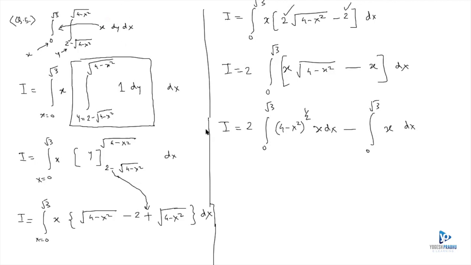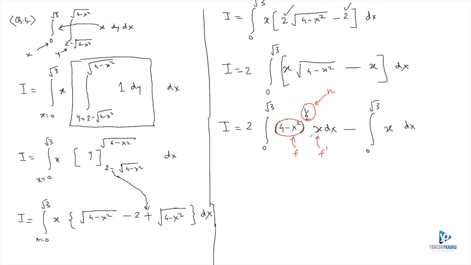Now, do you remember in the basics, I gave you one formula which said this is f, this is n. It's f to the n plus 1 over n plus 1 times f prime. Is this f prime?